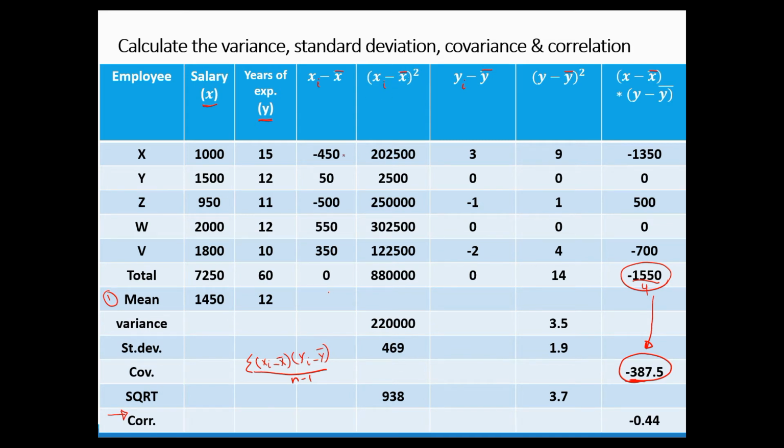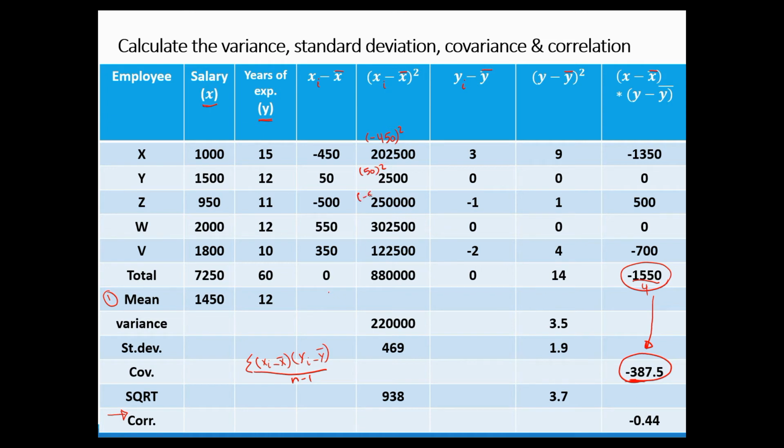We just square the value here. So here, to get the 202,500, we have to square the 450, and here we square the 50.